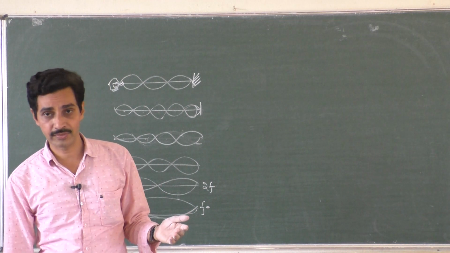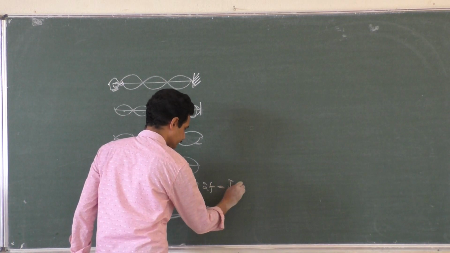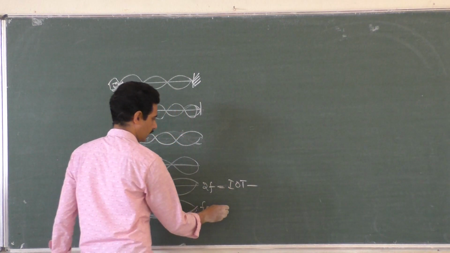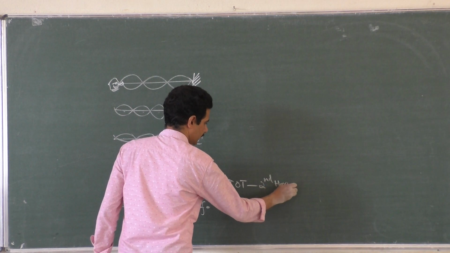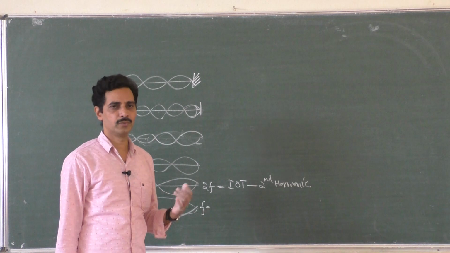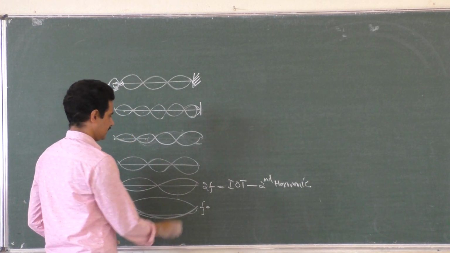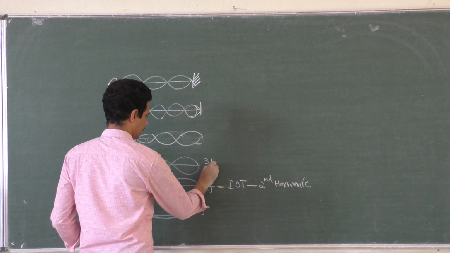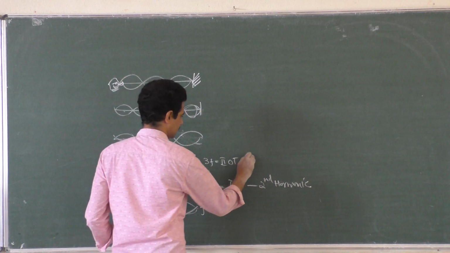If it is 3 times the fundamental, the 3rd harmonic. So this is the first overtone, and this is also called the second harmonic. Harmonic and overtone are both representations of frequencies. What about this one? This is 3 times the fundamental, so this is called the second overtone, and this is the 3rd harmonic.